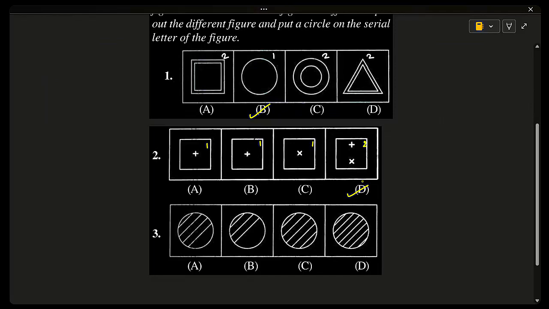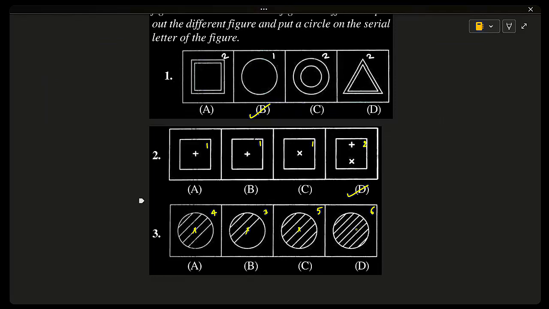Third one. Let's count the number of lines. 1, 2, 3, 4 lines. 1, 2, 3, 4, 5 lines. And here we have 1, 2, 3, 4, 5, 6 lines. In every circle a diameter is given passing through the center.